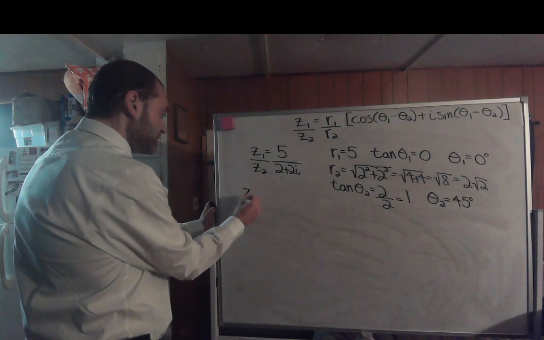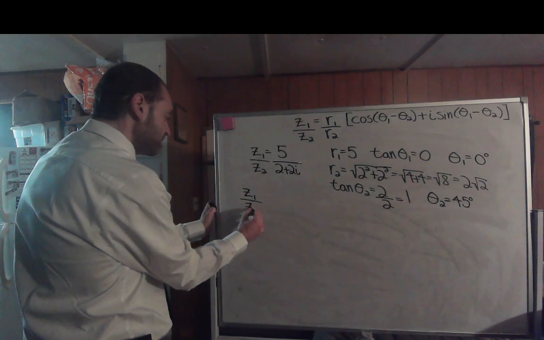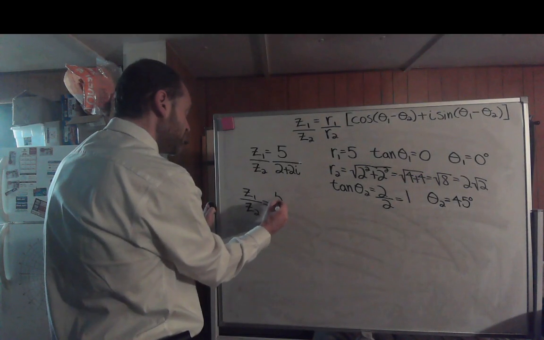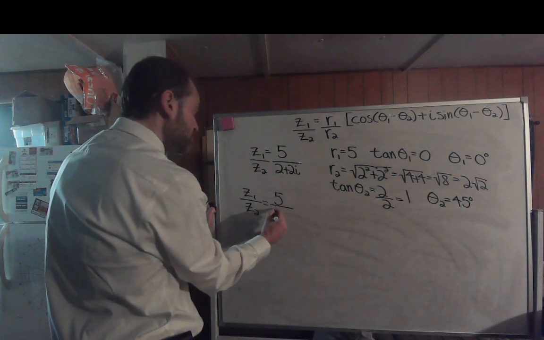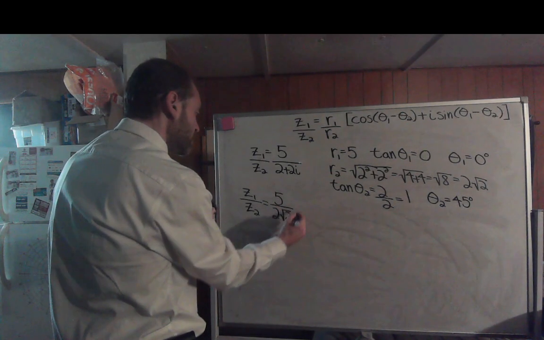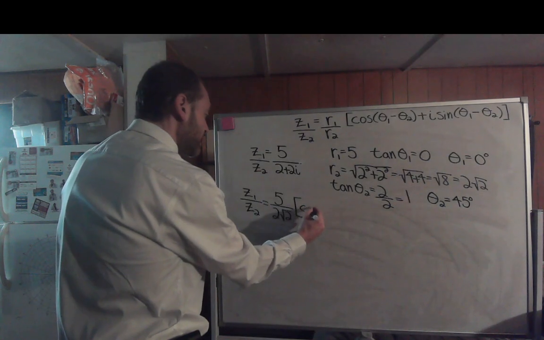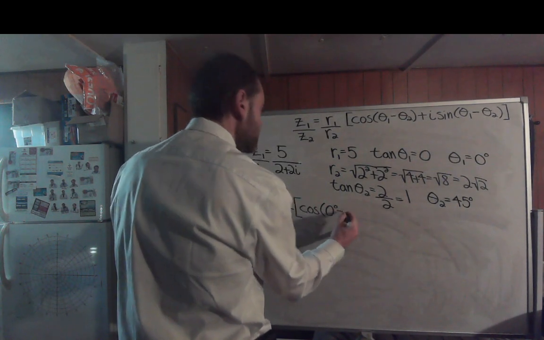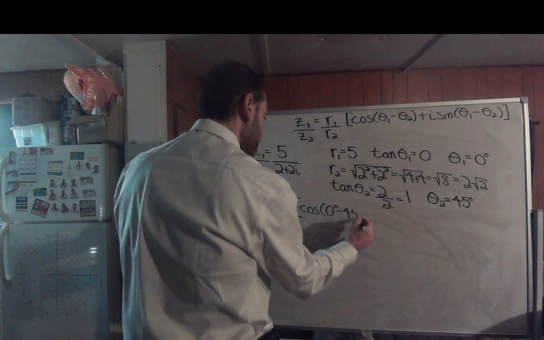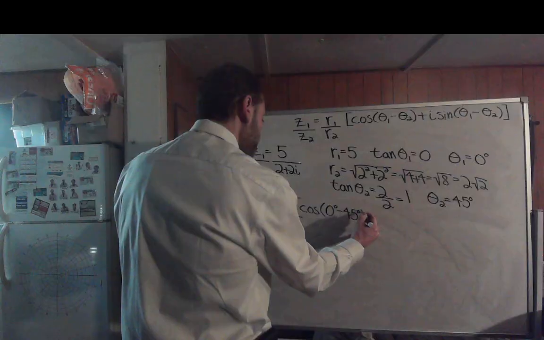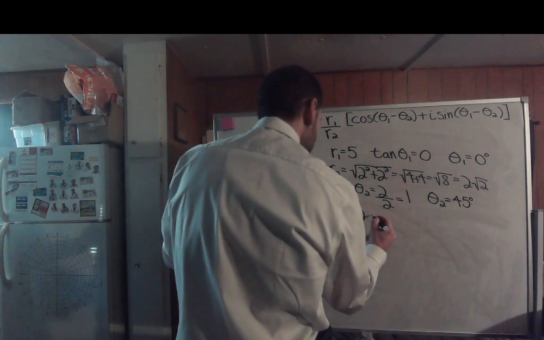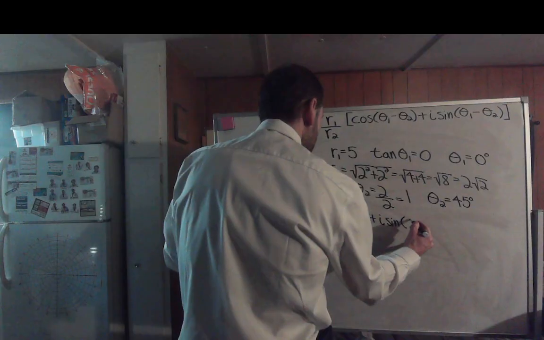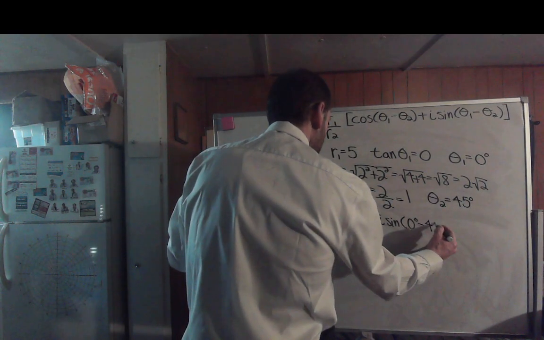So z sub 1 divided by z sub 2 is going to equal my r sub 1, which is 5, all over my r sub 2, which is 2 times the square root of 2, times the quantity of my cosine of theta sub 1, which is 0 degrees, minus my theta sub 2, which is 45 degrees, plus i times the sine of 0 degrees minus 45 degrees.